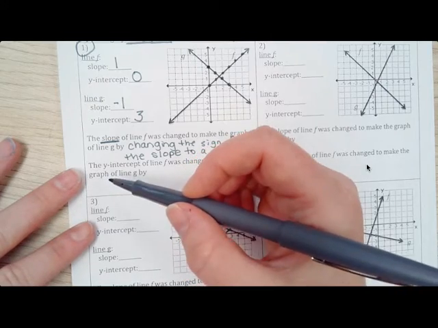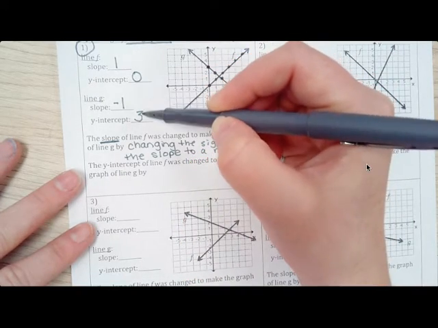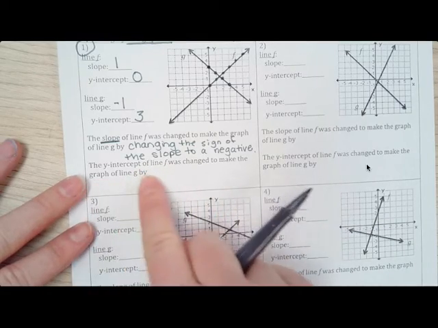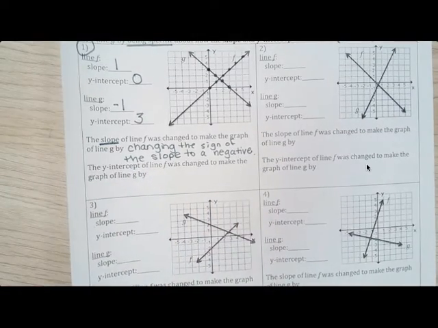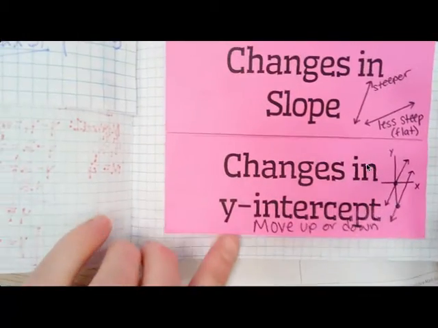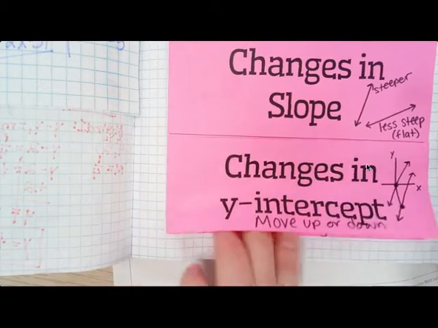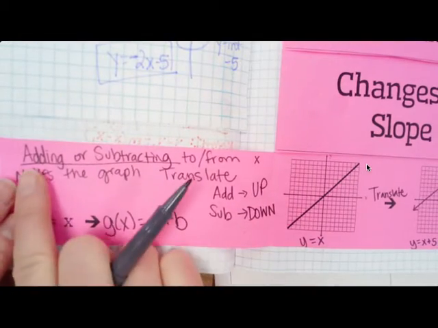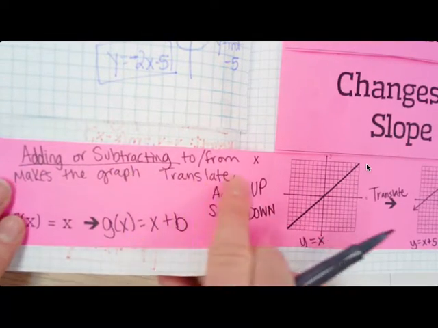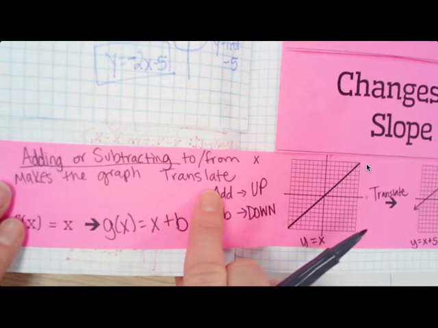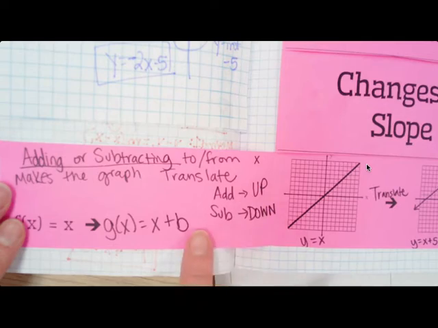The y-intercept now. The y-intercept was 0. Now it's 3. The y-intercept of the line was changed to make the graph of the line G by, so let's look at changes in y-intercept. Changes in y-intercept deal with adding or subtracting to or from x, making the graph translate. So if you add, you go up. If you subtract, you go down.